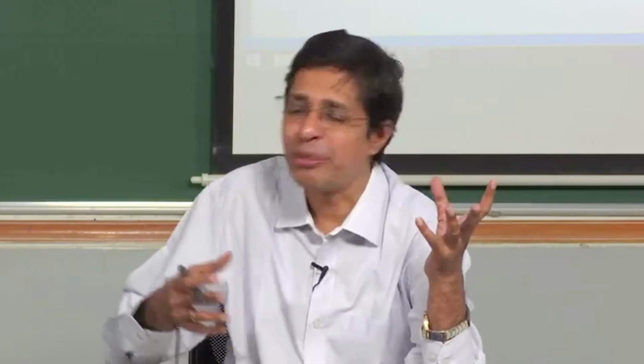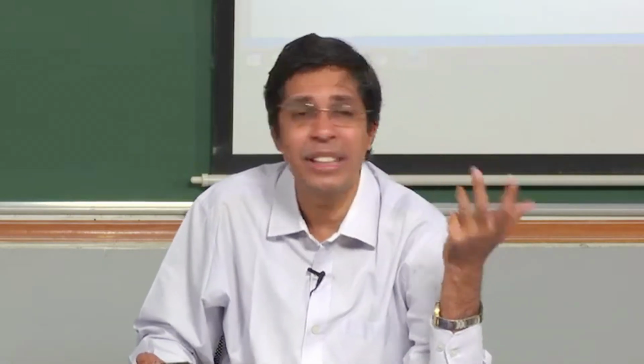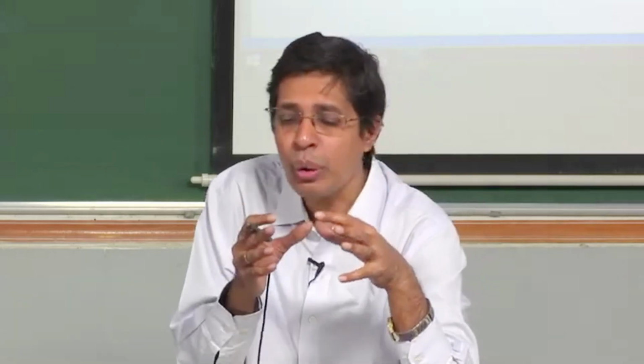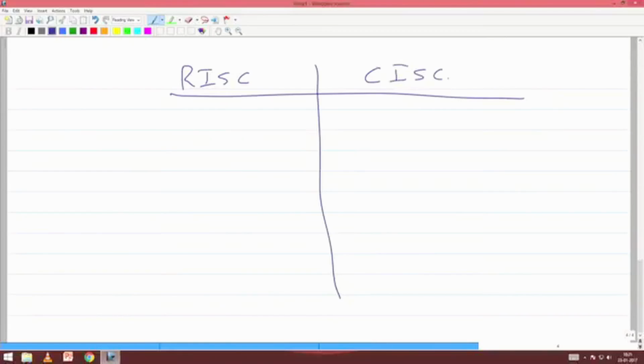On the other hand, I could be very hardware friendly, while being very unfriendly to the compilers. So depending on how friendly, quote unquote, the instruction set architecture is to the compiler versus the hardware, there is a classification of computing systems based on that, and that is what we mean by RISC versus CISC.